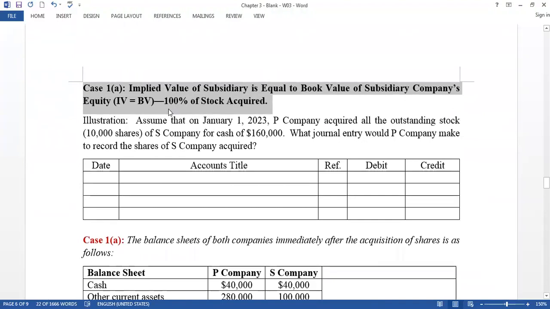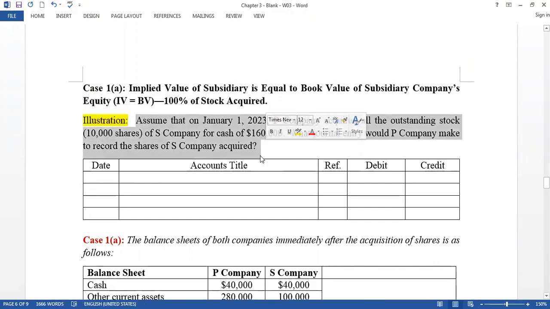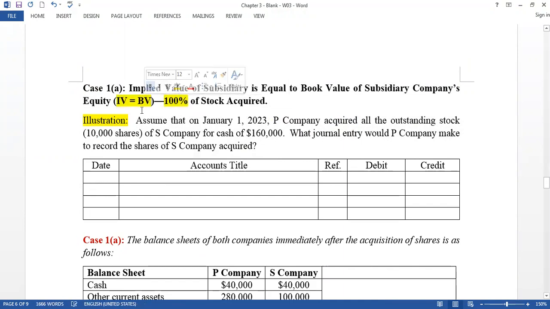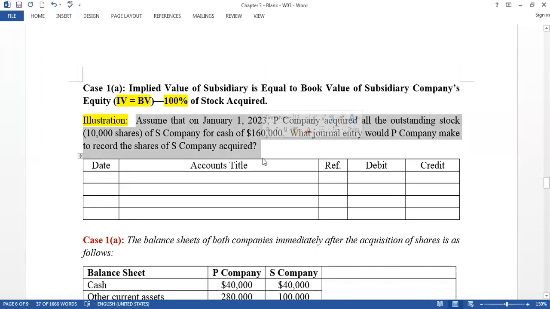You have to read the question. By reading the question, you should realize, or you should calculate, whether you acquire 100% or not, and whether book value and implied value are similar or not. So this information is not going to be given as a title. You read the question and try to find out whether it happens or not.